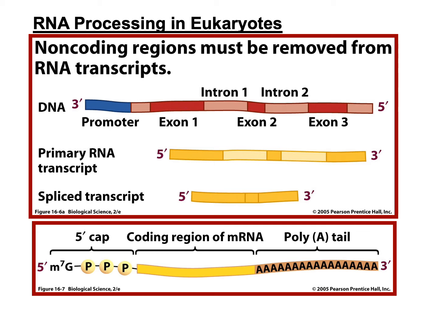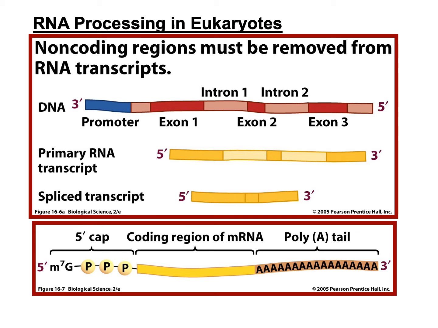By having a structure at the 5' end, it makes the 5' end unrecognizable to these enzymes that could degrade the RNA. At the 3' end, we have the addition of a poly-A tail, which is a stretch of A-containing nucleotides repeated over and over and over again.